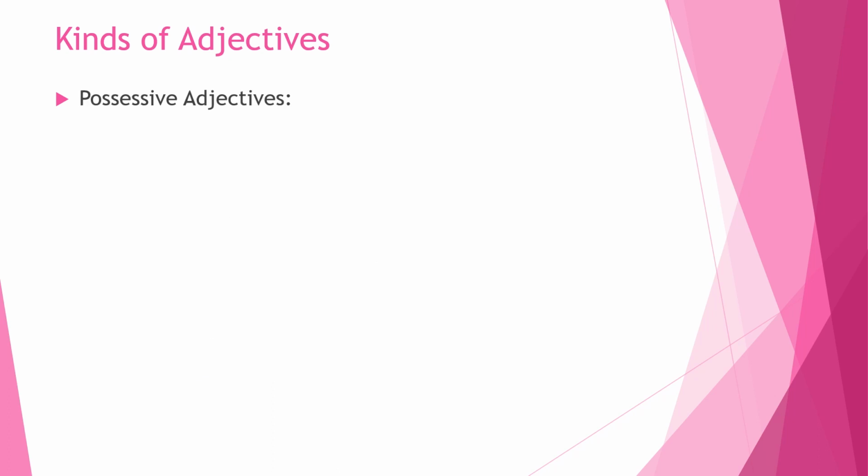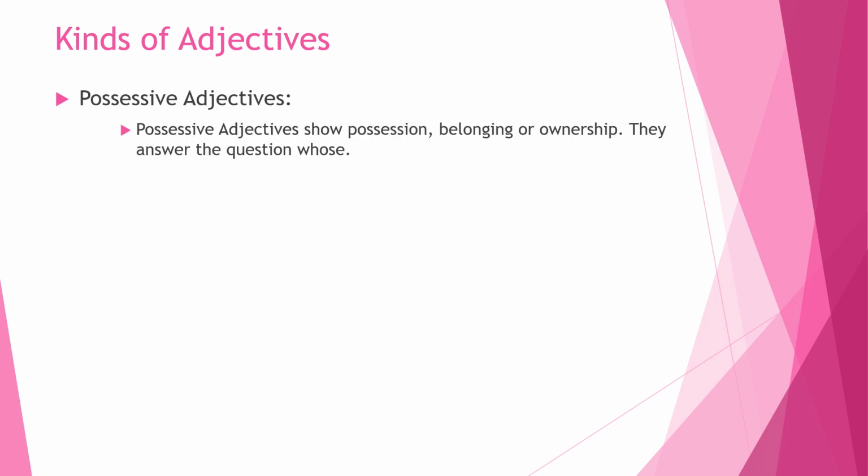The next kind of adjective is possessive adjective. Possessive adjectives show possession, belonging, or ownership. Possession means belonging or ownership. They answer the question whose. In the example given below, his parents have arrived from America. Whose parents have arrived? His parents.